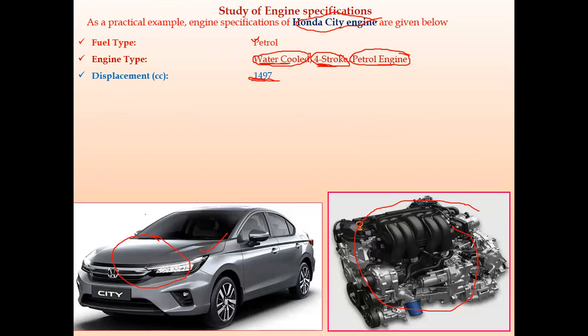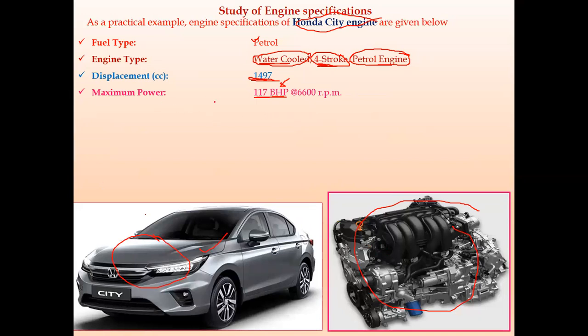Next, we have maximum power at speed. So maximum power is 117 bhp. Now bhp is nothing but the brake horsepower, the power produced at the output shaft of the engine. So it is called brake horsepower, bhp.